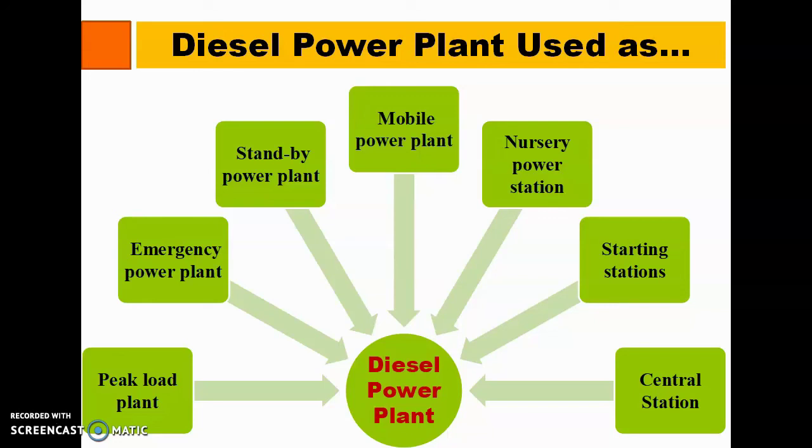Central station means where the energy capacity required is less, that is 5 to 10 megawatts. For example, in the case of cinema halls, hospitals, and some municipalities, it can be used as a central station. So these are the applications of the diesel plant, where it can be used.